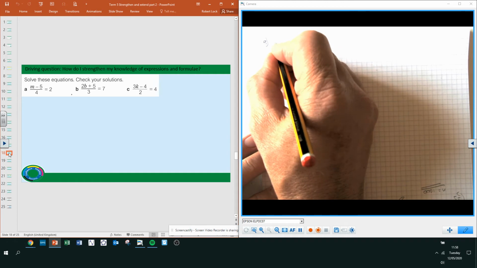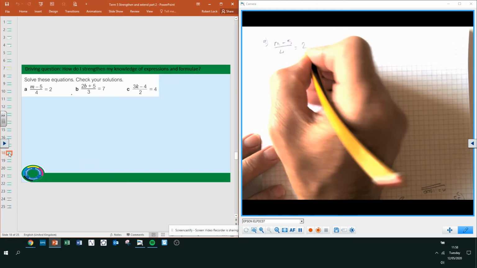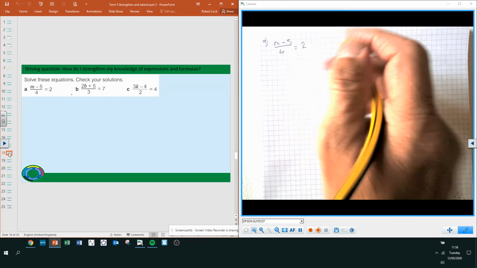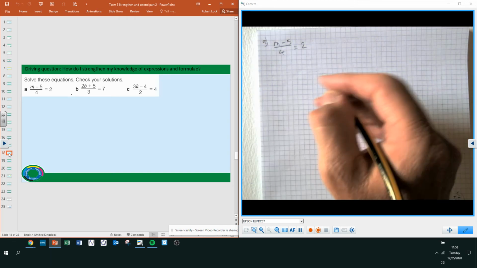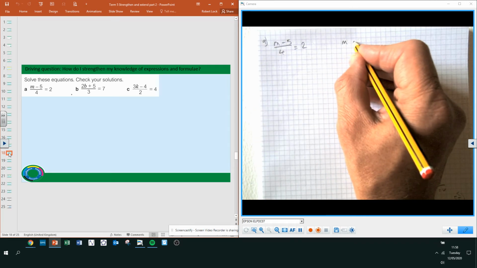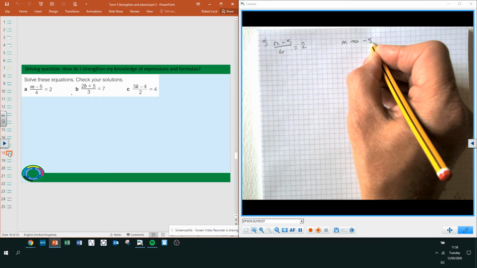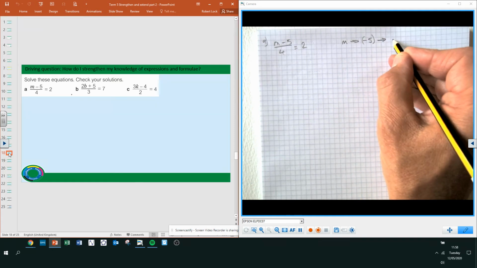A. M minus 5 over 4 equals 2. Do you remember what m's actually been doing at the moment? So here we've got a thing, m. The first thing that's happening to it is we're taking away 5. Then we are dividing it by 4.